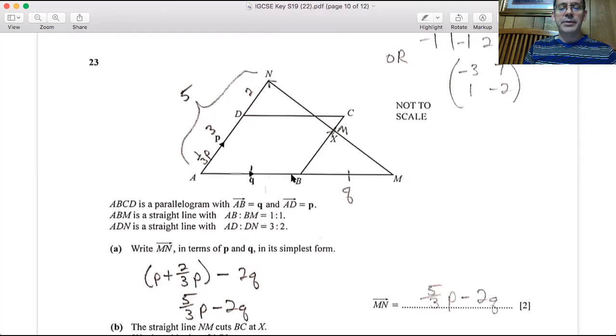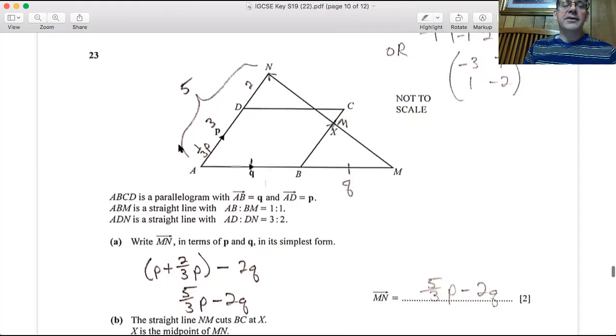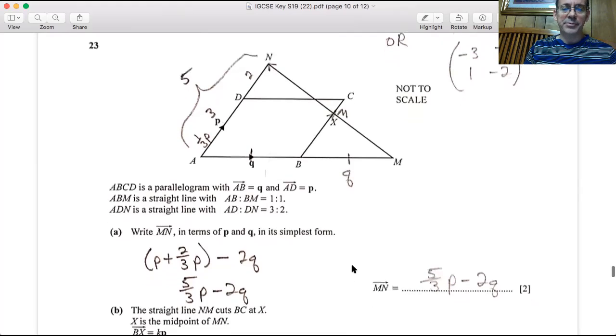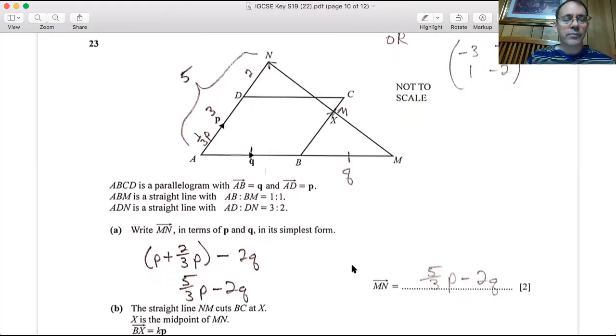So since AB is Q, then BM is also Q. And ADN is also a straight line, and AD to DN is a 3 to 2 ratio, meaning the entire length is 5 units. But what's important here is the P is only a part of the length, not the whole length. So that's going to come into play in this first question.